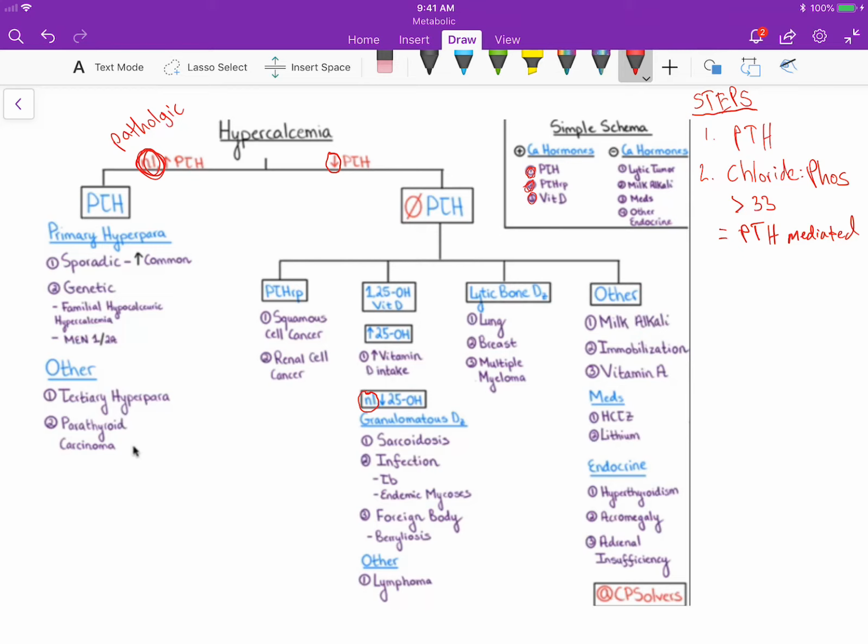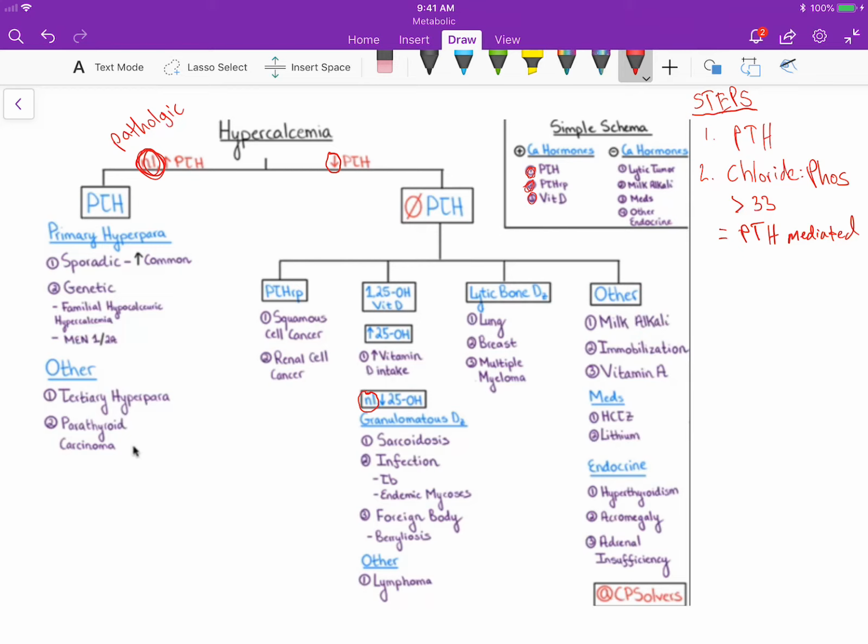Okay, so phosphorus will be low in the blood, and phosphorus will be high in the urine if you got a urine phos. But in order for the body to maintain electroneutrality, then we reabsorb chloride as we get rid of the phosphorus. In other words, you should have an elevated chloride.